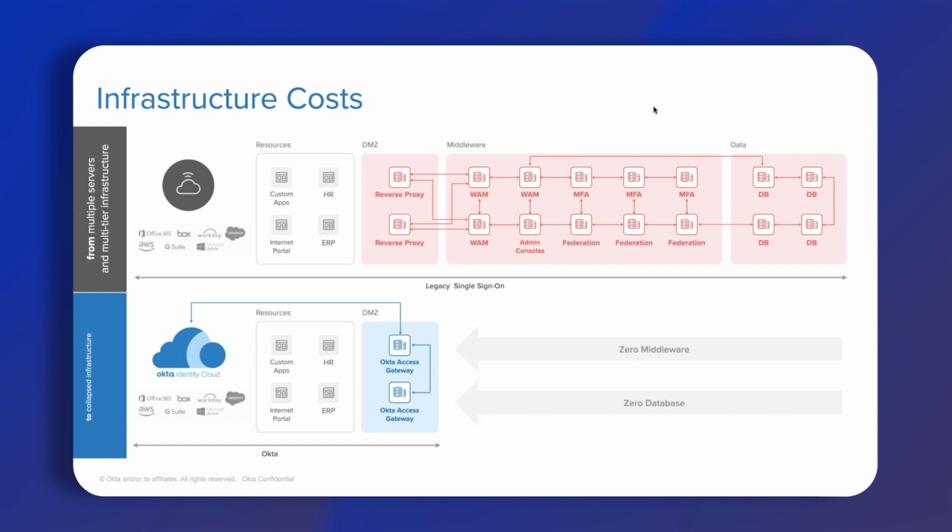And often it would take multiple servers to be able to do that. So here we've got the database, we've got the user directory, we've got the different middleware here. And of course, this is additional cost to just run and maintain that infrastructure, but additional operational cost as well for the time to administrate and manage it.